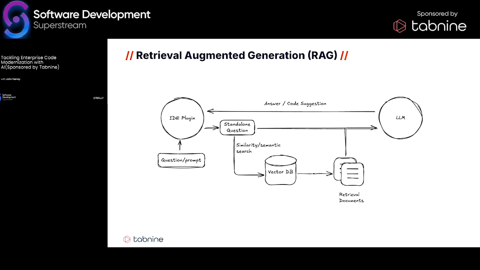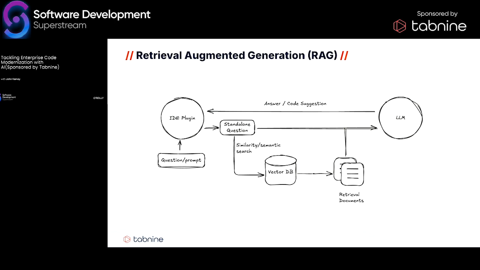Now, I'm using the term documents quite loosely here. They can relate to any source of information within your organization. They can be code, they can be non-code sources of information. But ultimately, we're building up an index or a representation of these documents in what we call vector space.